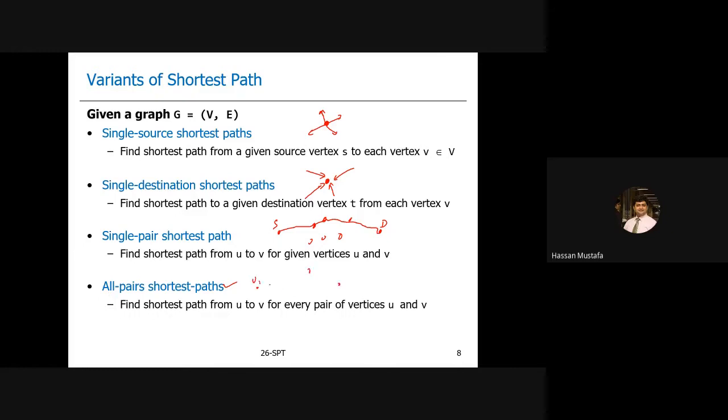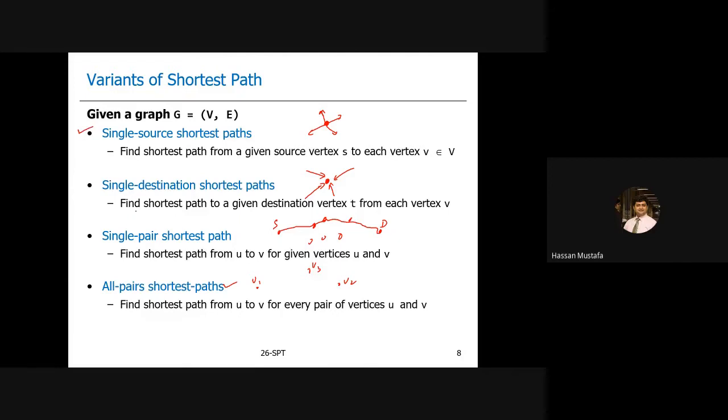For example, if this is v1, this is v2, and this is v3, for all pairs shortest paths we would update the cost between v1 and v3, v1 and v2, and v2 and v3. So all pairs shortest path is another type of problem for which shortest path algorithms are developed.